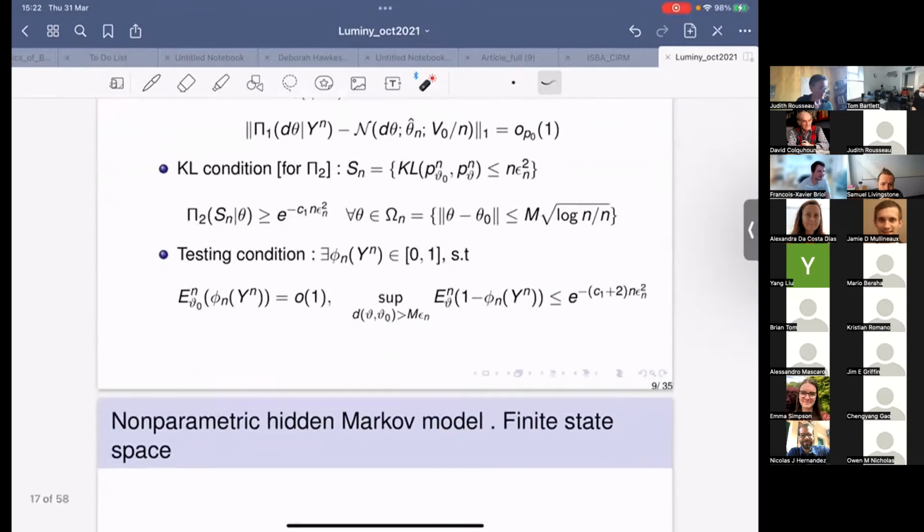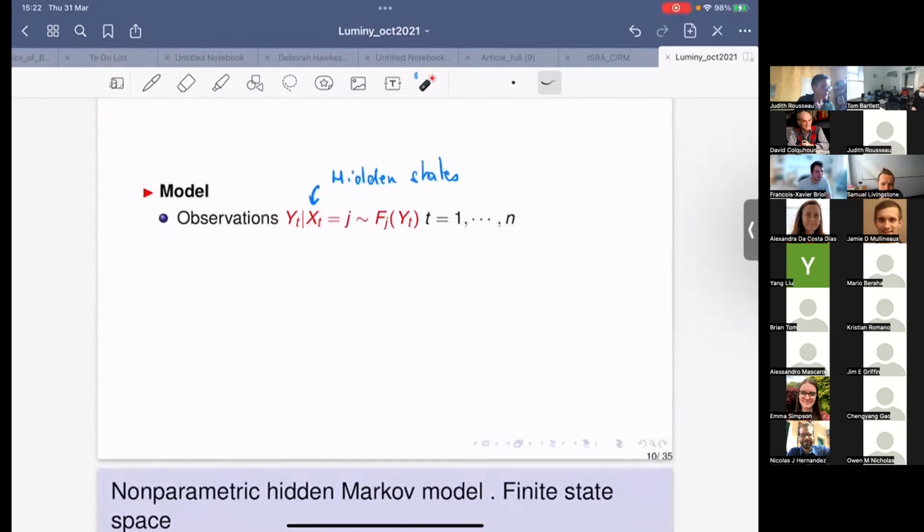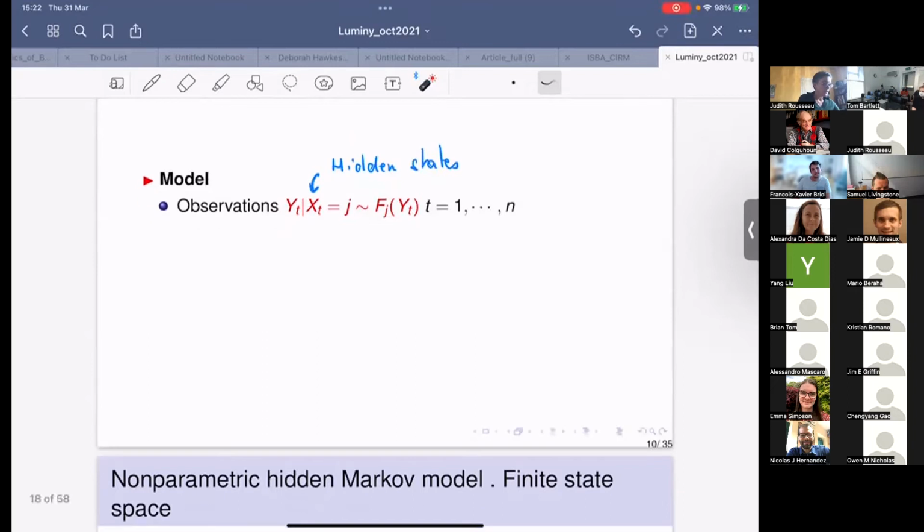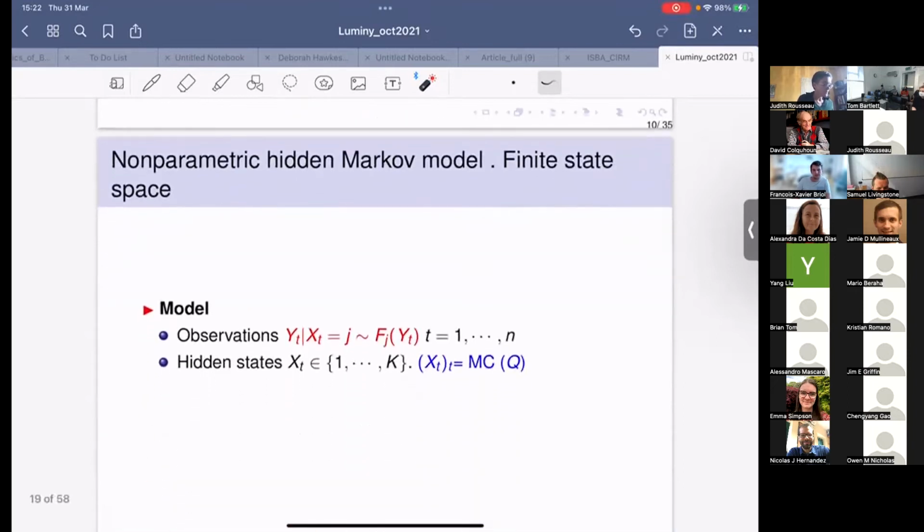Okay, great. Thanks. So now what we're going to do is consider a semi-parametric hidden Markov model. What do I mean by that? You observe the y's, and it's a hidden model in a sense. So yt given some latent state xt equals j follows some distribution fj, and it's a finite state space, which means the hidden states belong to 1 to k.